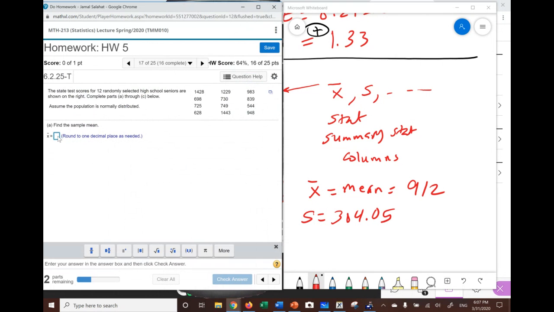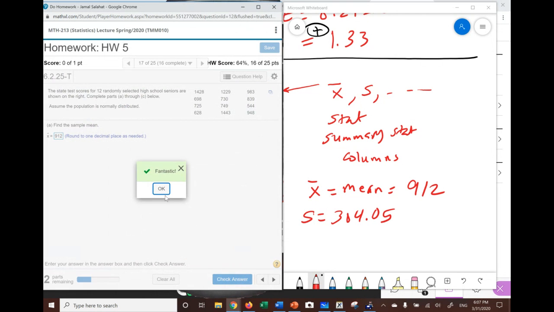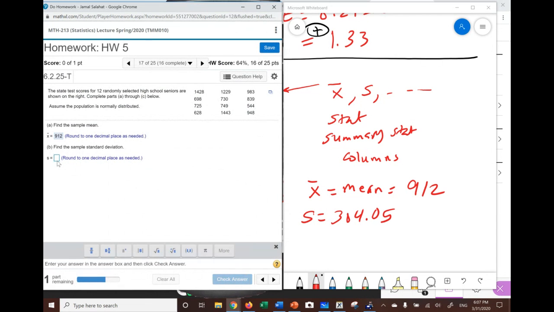Let me go back in here. But this is 912. Check. Good. The standard deviation S is 304. How far do they want me to go? One decimal place. Okay, 304.1. That's all I need.